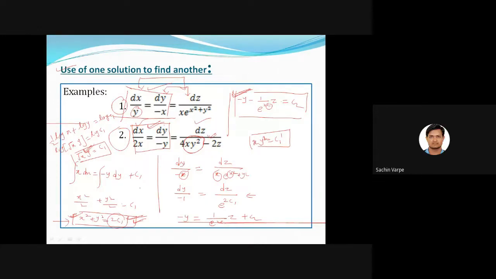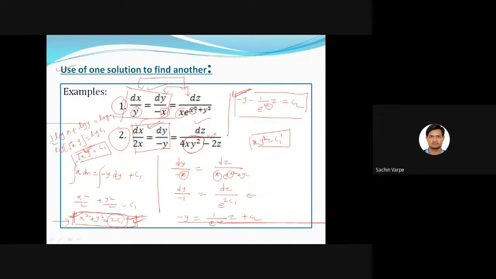Okay. So this is the first solution: x square plus y square is equal to 2c1. Now to obtain the second solution, when I equate the second and third ratio, what is the third variable? x, isn't it? We can divide both sides by x, but that is not getting cancelled throughout, as it is still there in the exponential function.